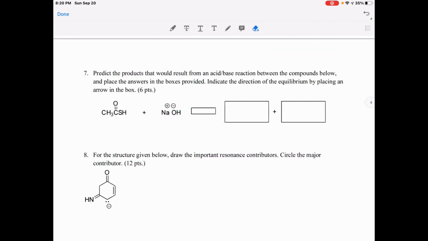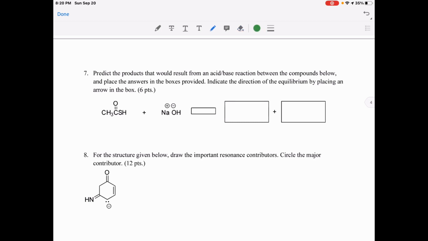For question number 7, we are asked to find the products of this acid-base reaction and determine the direction of the equilibrium of this acid-base reaction. So let's start off by drawing out the full form of these reagents, the Lewis structures.